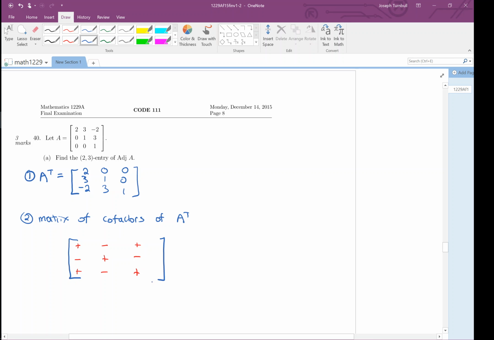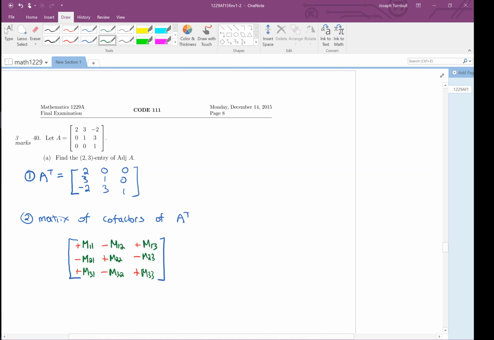And then we get minor M11, M12, M13, M21, M22, M23, M31, M32, M33. Now we want only one of these entries.